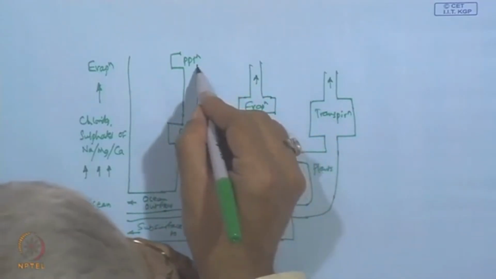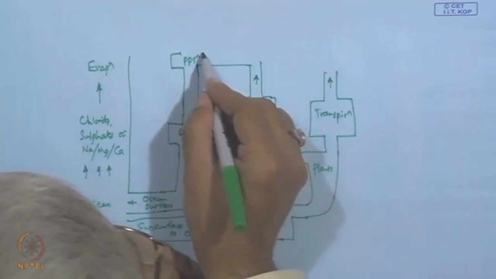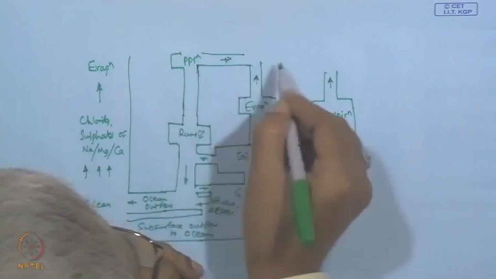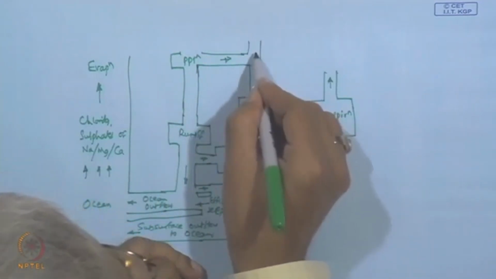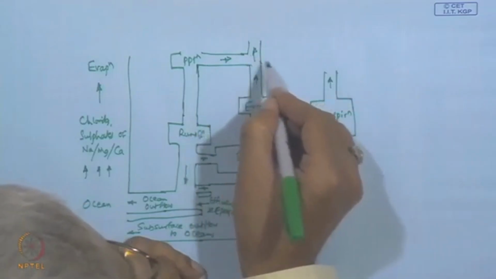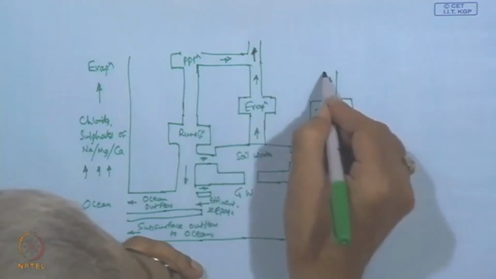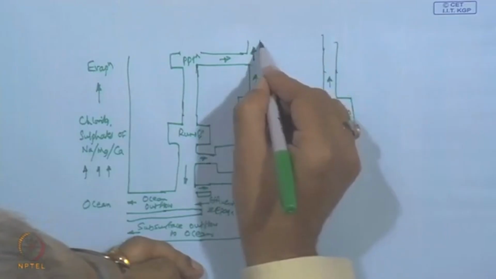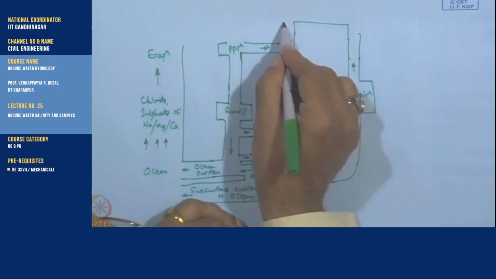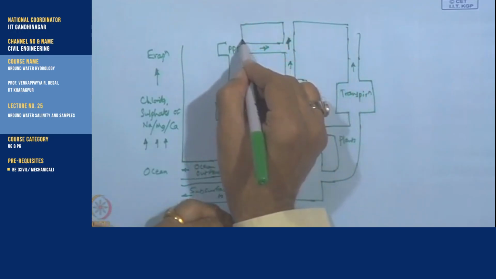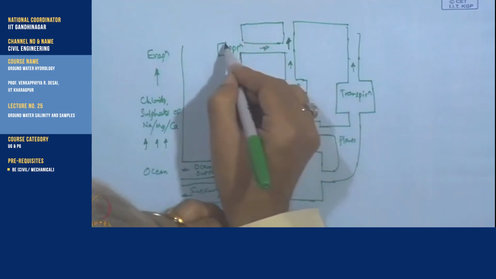so from precipitation also there will be some evaporation, and so here you have this atmosphere.